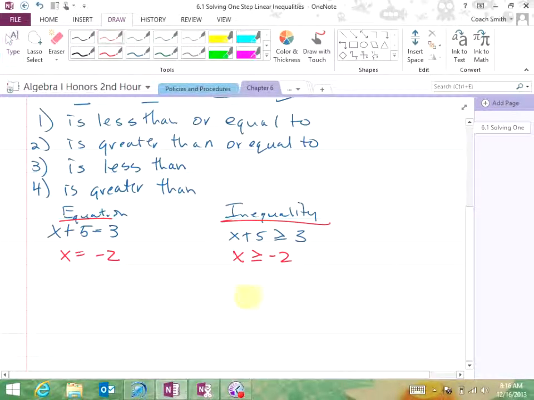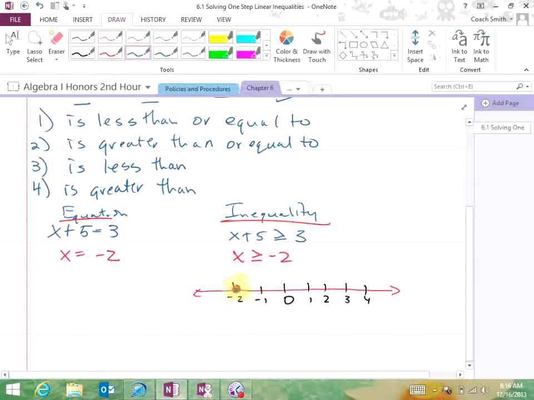So if I drew a number line, this being negative 2, negative 1, 0, 1, 2, 3, 4, basically what you have is this.